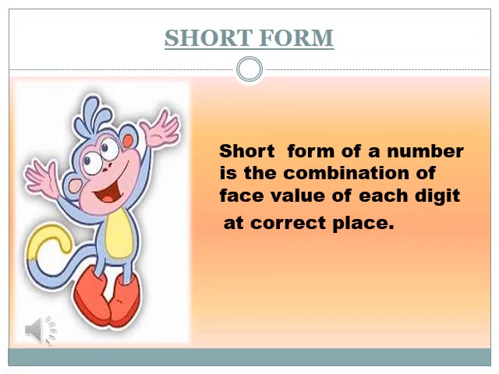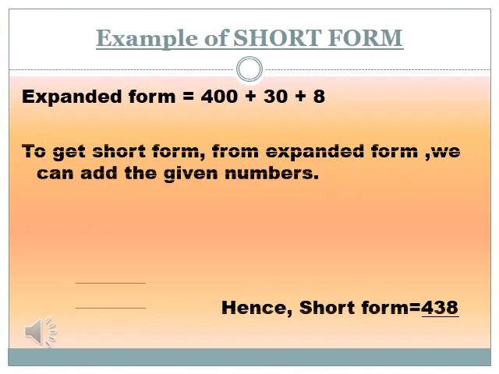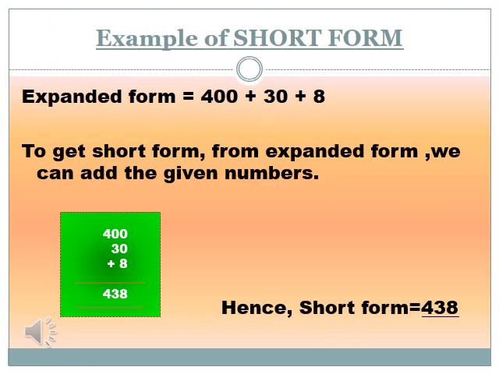Now, what is short form? Short form of a number is the combination of face value of each digit at correct place. Children, to get short form from expanded form, we can add the given numbers. So let's take an example.